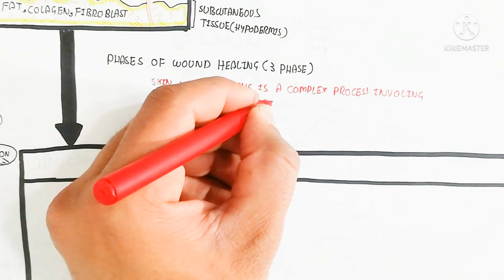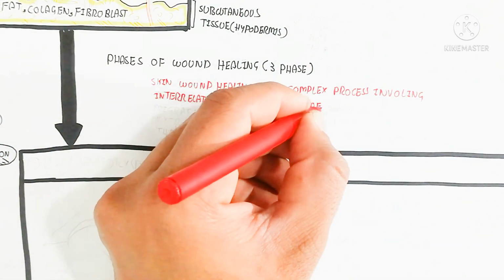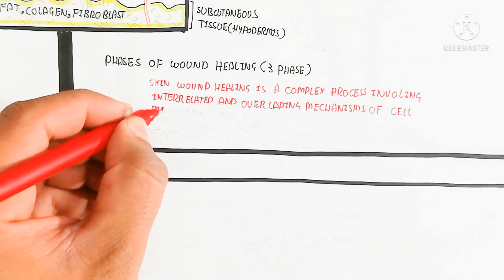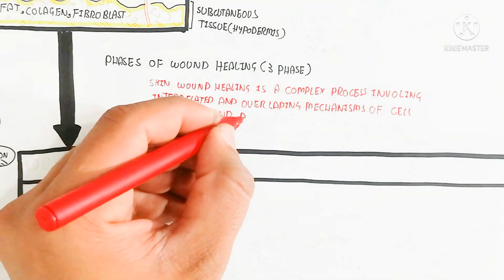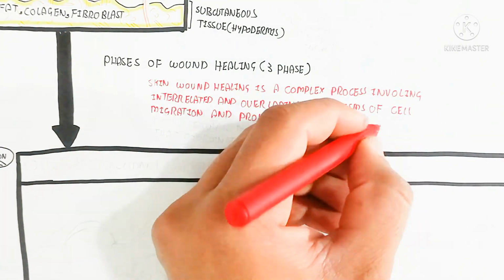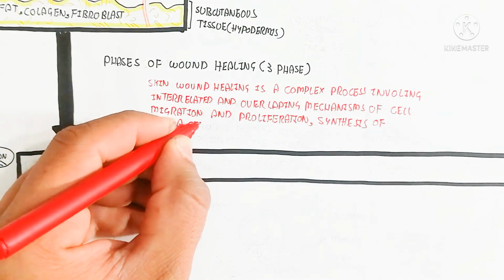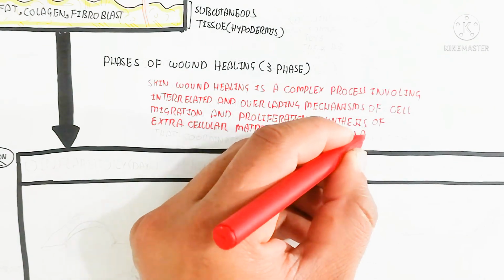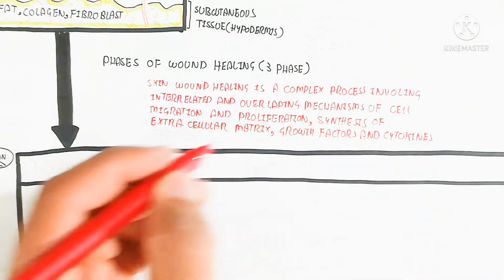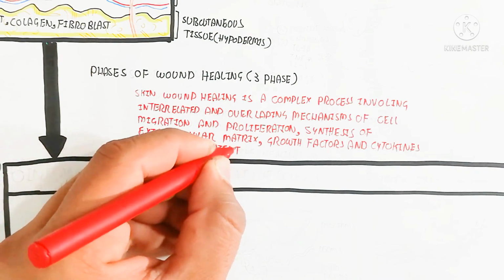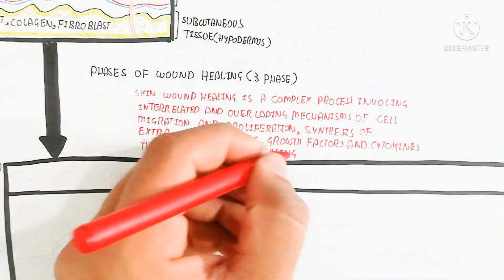Migration means movement toward the wound site, and proliferation means differentiation and growth, meaning mitosis will increase, along with synthesis of extracellular matrix. The extracellular matrix will be synthesized for collagen and fibrin formation due to fibroblast activity, and growth factors and cytokines coordinate the healing process.